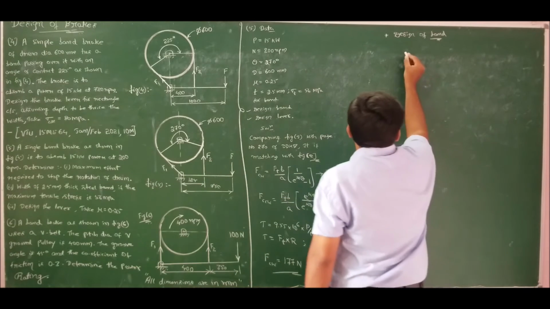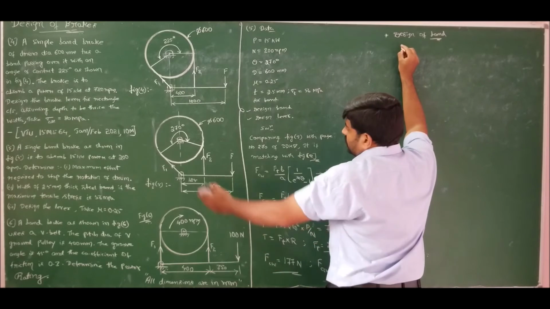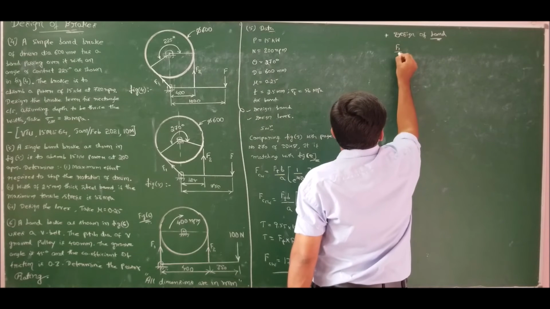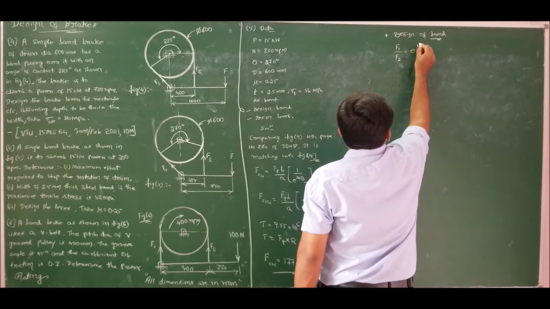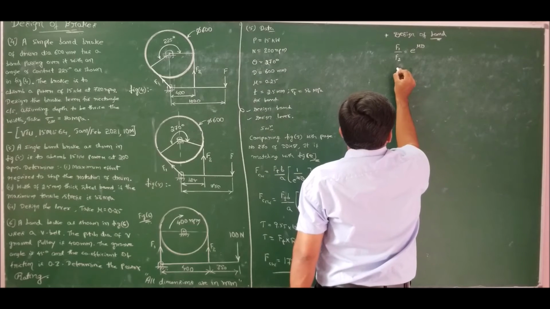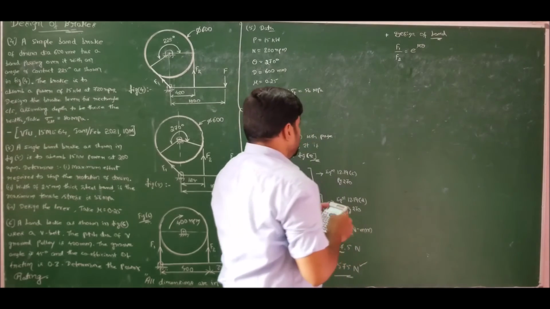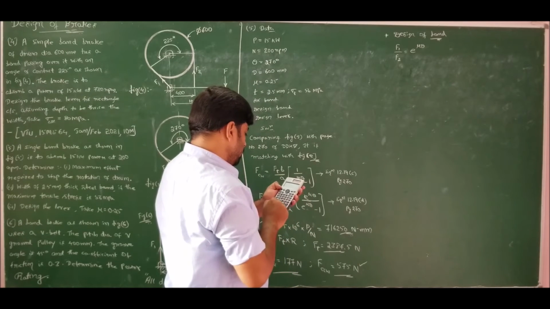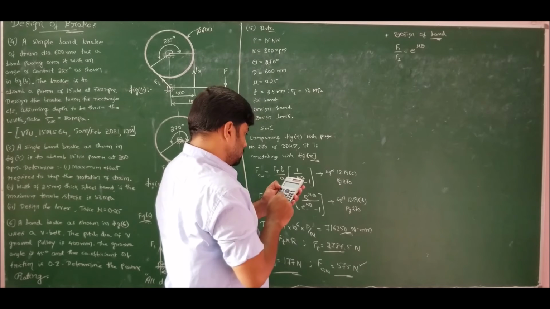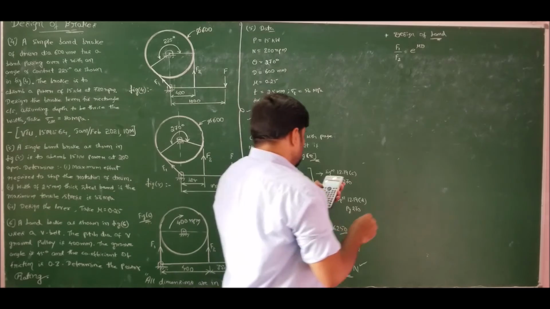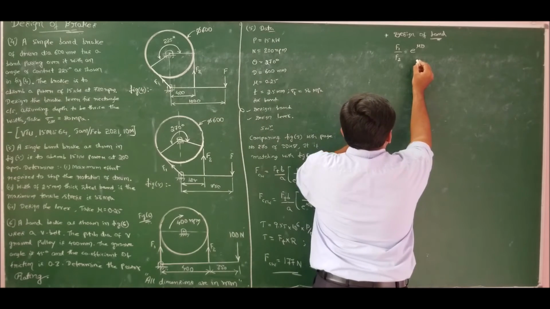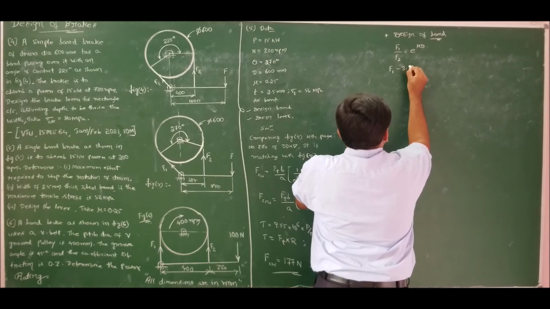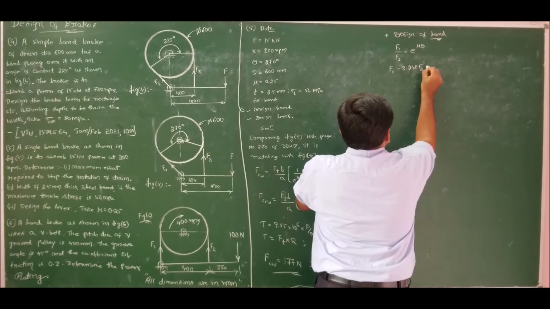Recalling our basics, assuming it as a flat belt drive, unless otherwise specified, the tension ratio F1 by F2 is equal to e to the power of mu theta, which is e to the power of 0.25 into 270 into pi by 180 radians. e to the power of mu theta is 3.248. Hence I get one equation as F1 minus 3.248 F2 is equal to 0.